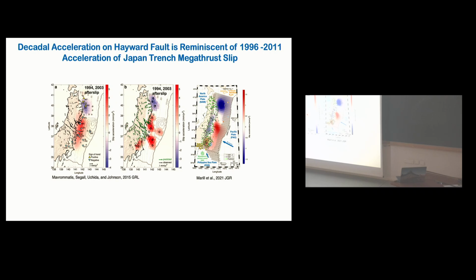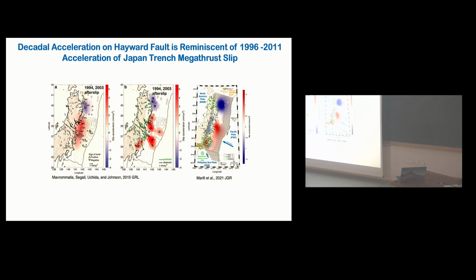So these are now from the GPS velocity accelerations, the megathrust slip accelerations that Andreas Mavrommatis, Paul Segall, and Kai Johnson inferred from both the GPS data and from repeating earthquakes that Naoki Uchida had been studying for a long time, that similar to the repeating earthquakes on the Hayward Fault, show accelerations down dip and surrounding the Tohoku rupture, and decelerations here to the north.